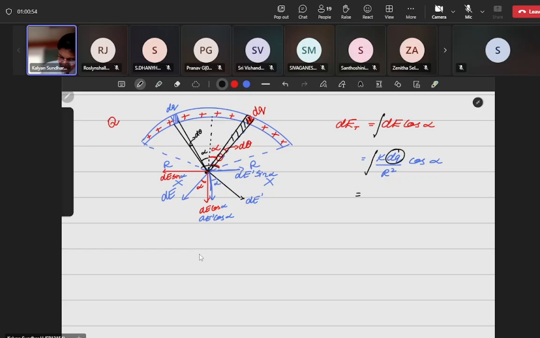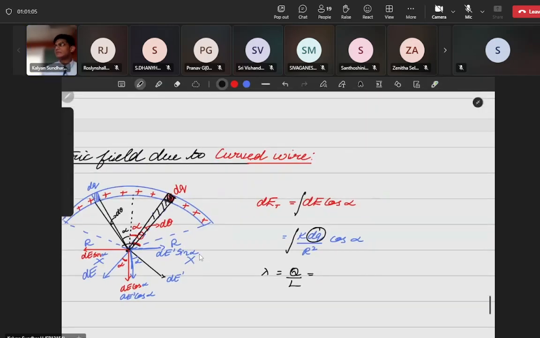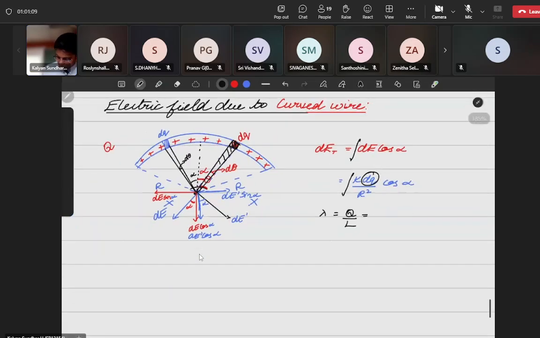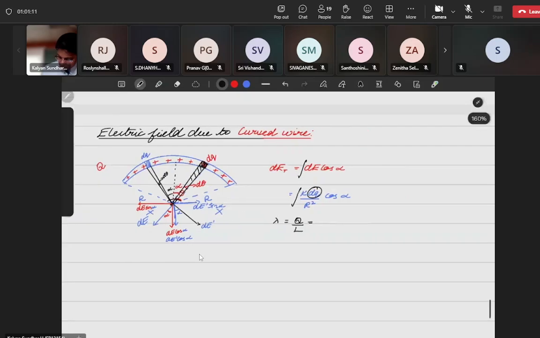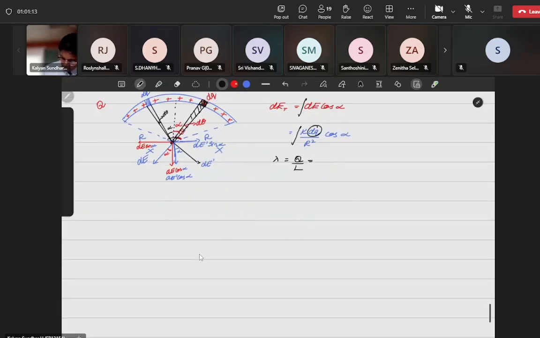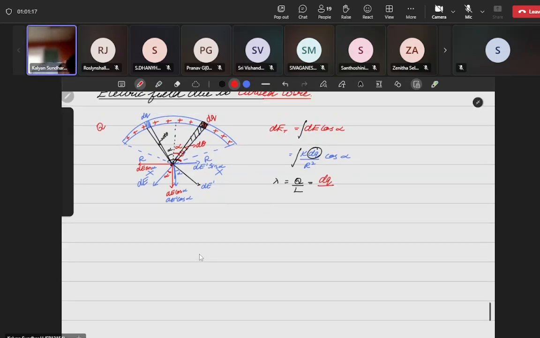dq is the charge which is being for this particular part. Lambda will be equal to total charge per total unit length, which will be also equal to dq divided by இந்த இரண்டு part இருக்குல்ல, இதோட thickness, this thickness is dx.